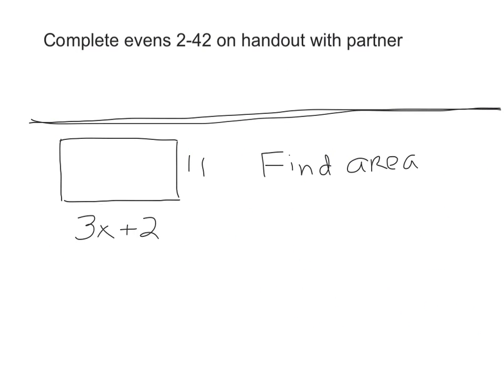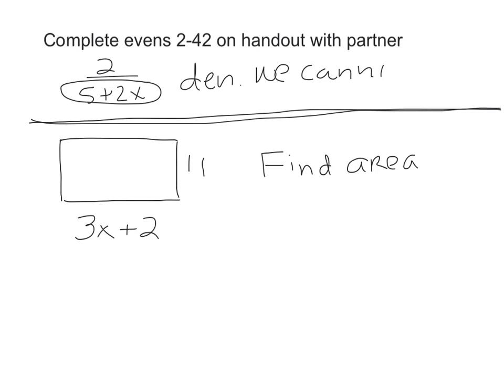Now, I'd like you to complete the evens on practice 1-7. One thing I want you to keep in mind about all those fractions I did on the previous screen: if we have a problem like 2 over 5 plus 2x, when the add or subtract is in the denominator of our fraction, we cannot break it down.